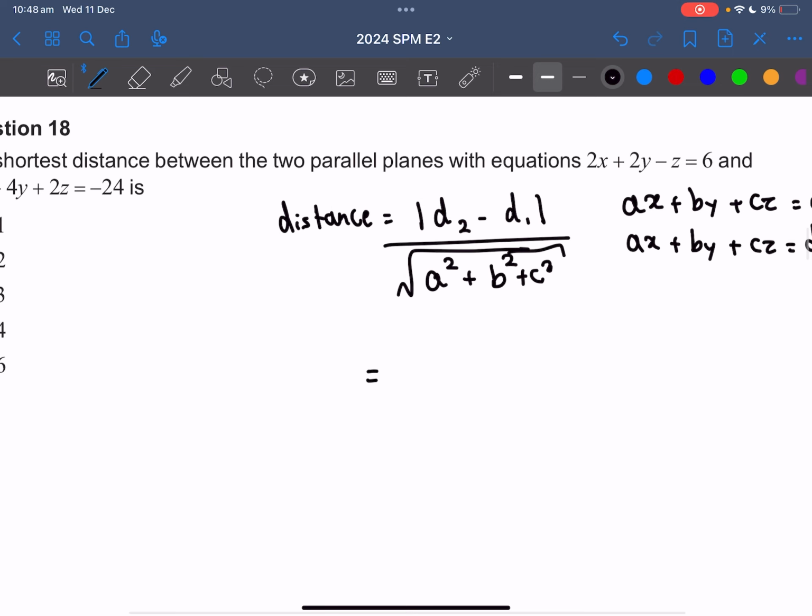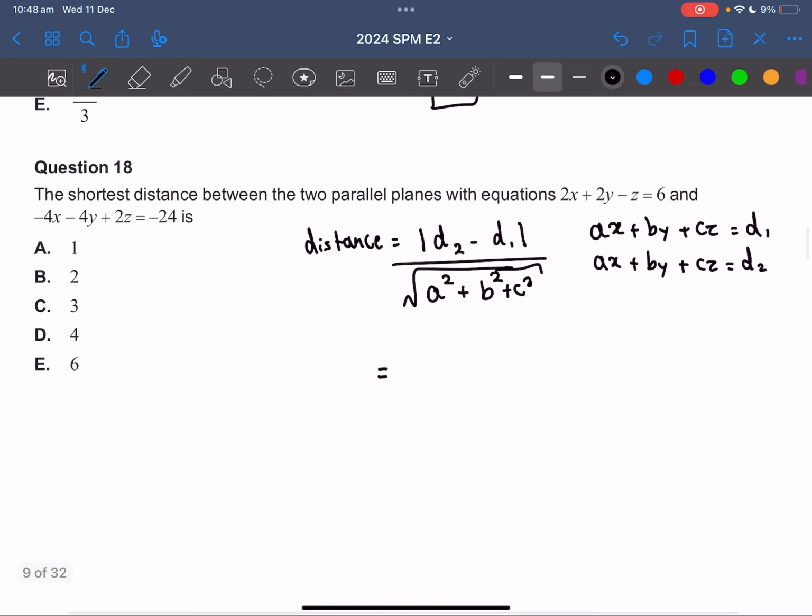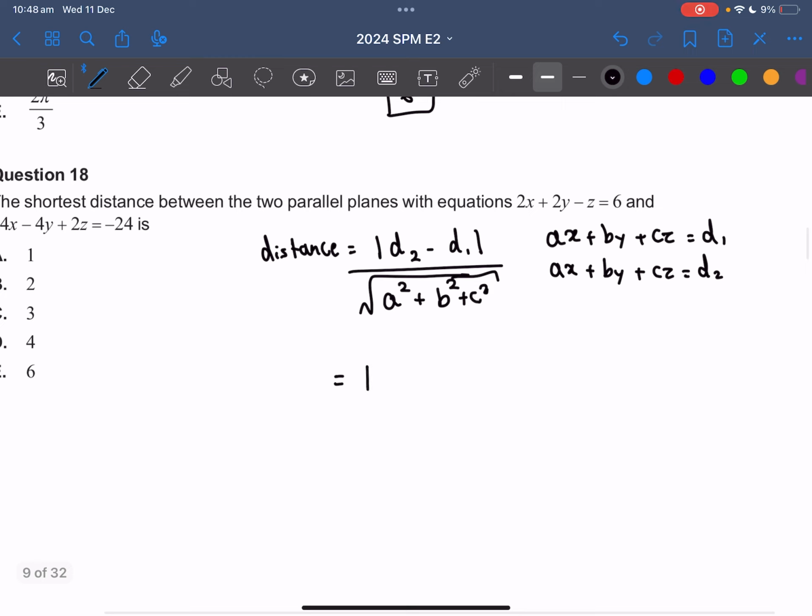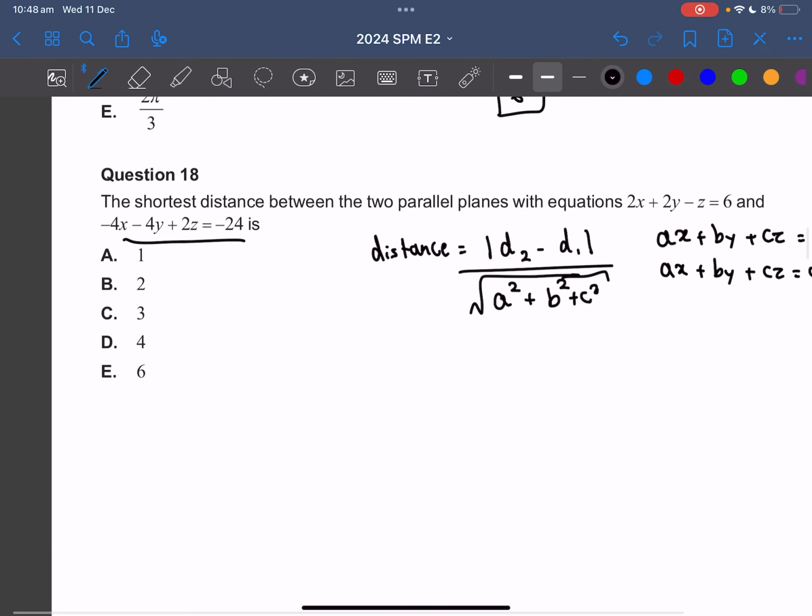So using this formula we can do this. I'm going to make the coefficients of x, y, and z the same by dividing by -2. So we will get 2x plus 2y minus z equals minus 12.